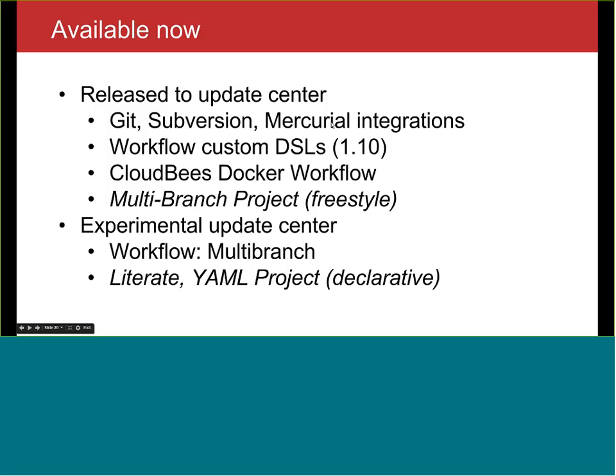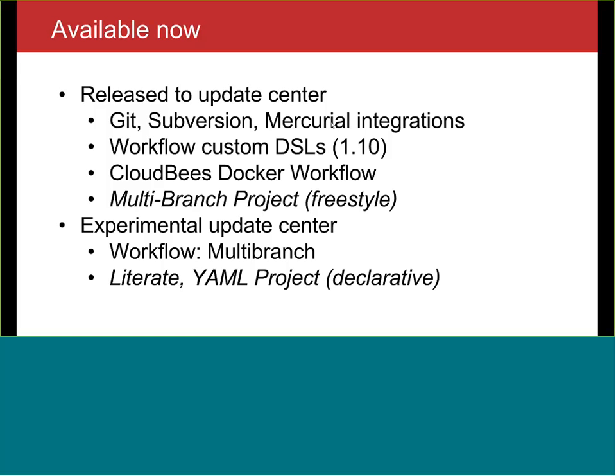The multi-branch integration for workflow is currently on the Experimental Update Center. We'll be promoting that to the regular one once some dependencies are cleaned up. And there are also a couple of other plugins out there that have declarative multi-branch integrations. Literate plugin allows you to specify build steps in something that looks more like a README file.